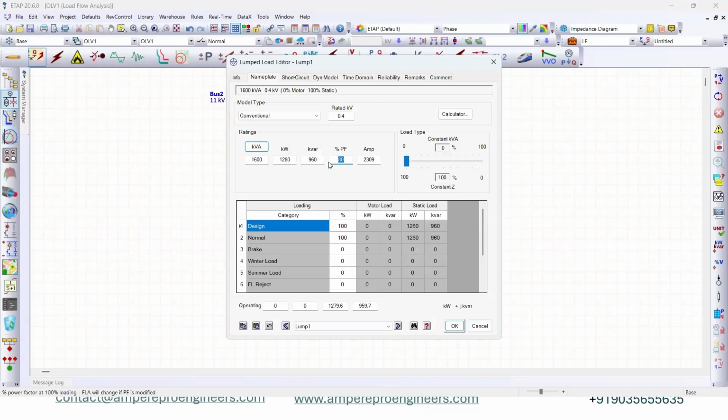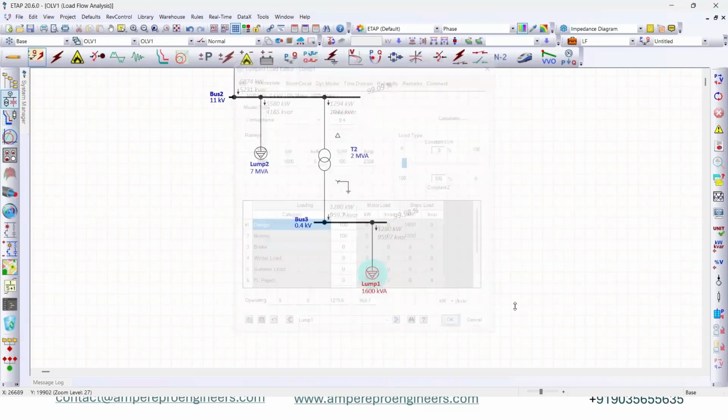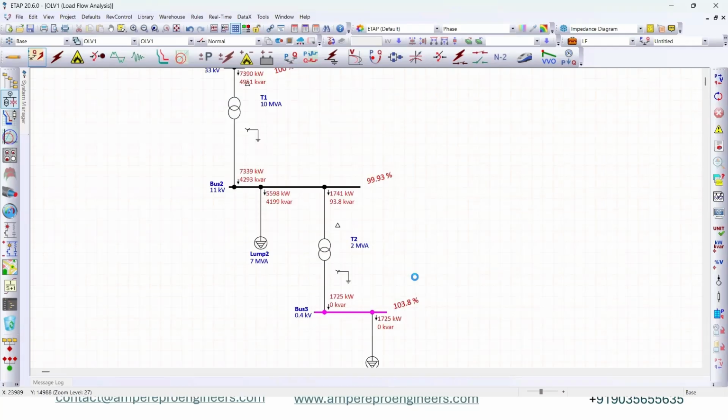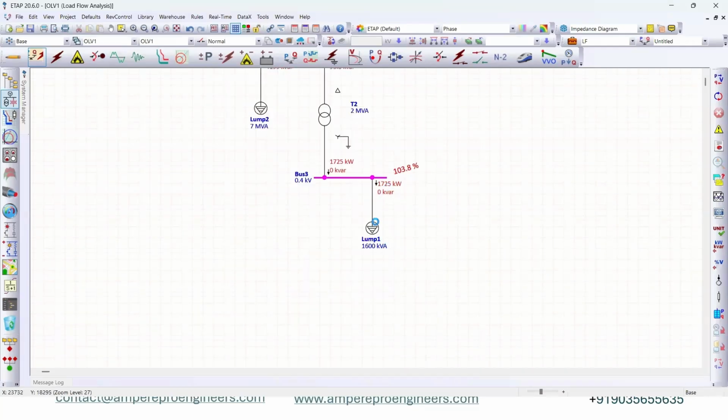So let's put 100. Let's see what happens now. You see, when the power factor is 0, that means all the loads are considered as a resistive load. That means it draws only active power.